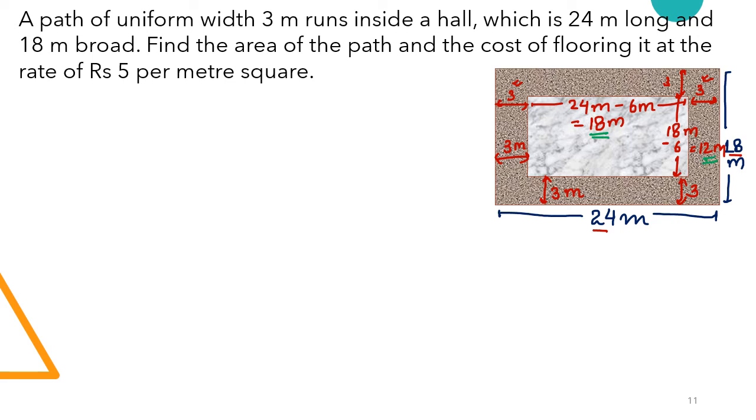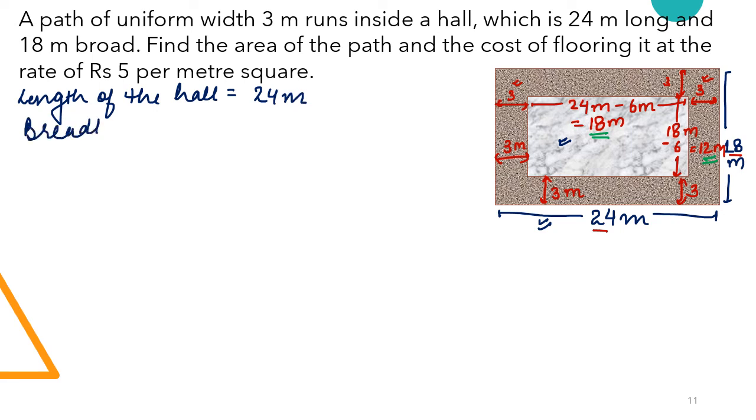Again we have to find out area of the path. So that will be area of outer rectangle minus area of inner rectangle, and then the cost of flooring it. So length of the hall is 24 meter, breadth of the hall is 18 meter.